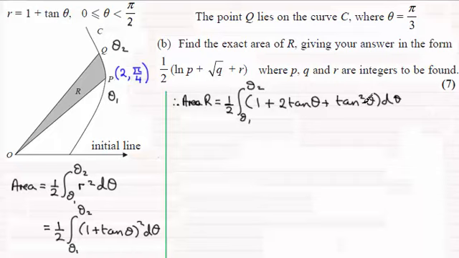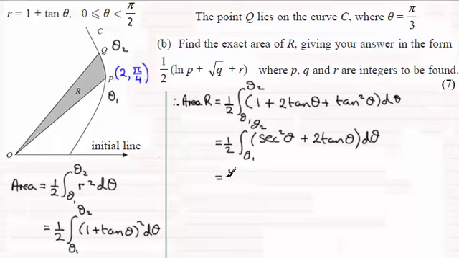Now, 1 plus tan squared theta, we should be familiar with, is sec squared theta. So what we've got here then is the integral of sec squared theta, and then 2 tan theta, that's a fairly standard integral, so we'll just leave that for the moment, and put in those limits there, theta 1, theta 2.